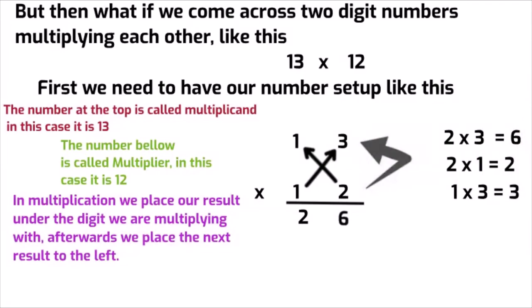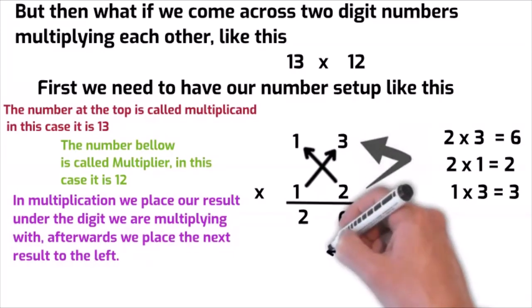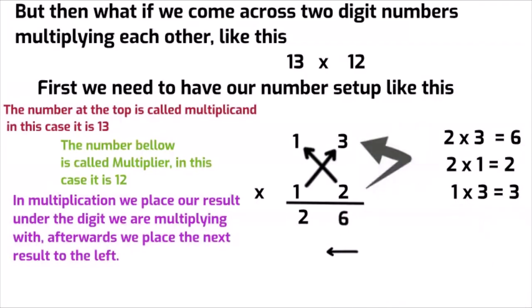Leaving the unit space out, we go beneath the digit we are multiplying with and write our result. In this case, we are multiplying with 1, so we go beneath 1 and write our result. What is our result? 1 times 3 is 3. So we go beneath 1 and write down 3. Did you see it?